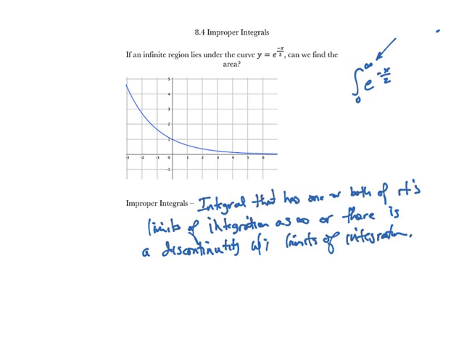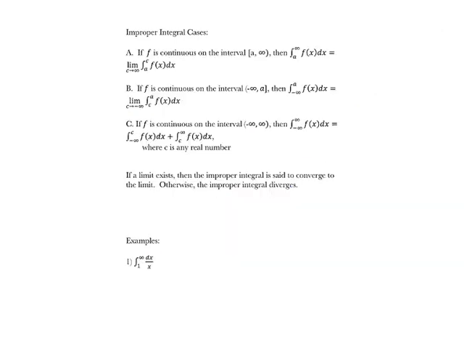Okay. Well, the first type of improper integral is when one of your limits of integration is infinity, or both of them are. And what you can do is look at the limit as a variable approaches infinity of that integral, and if that limit exists, then the improper integral is said to converge to the limit.